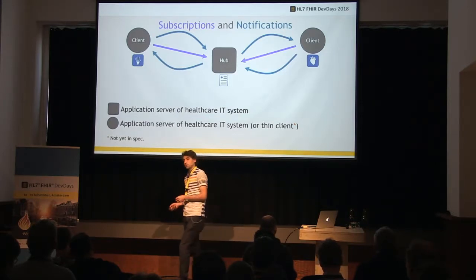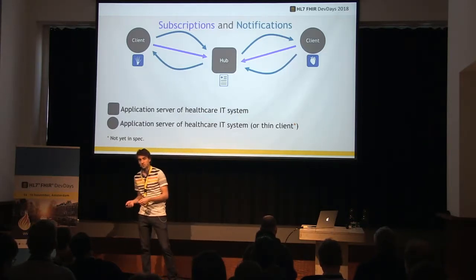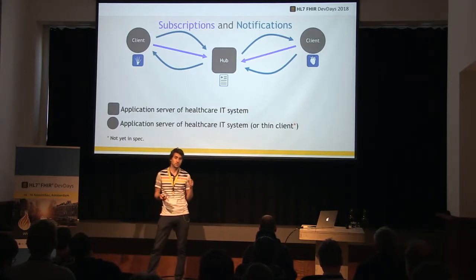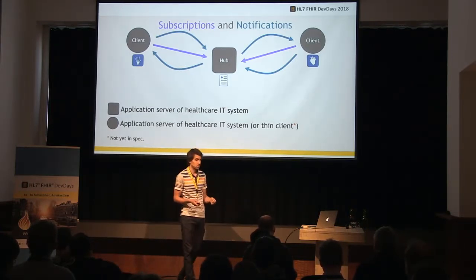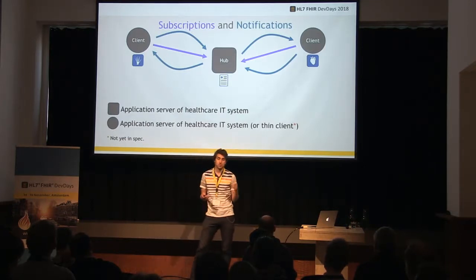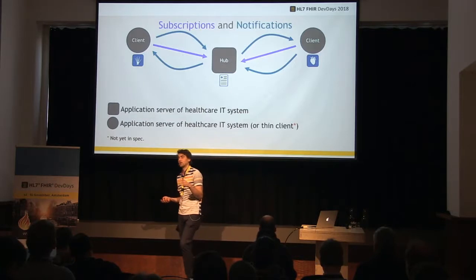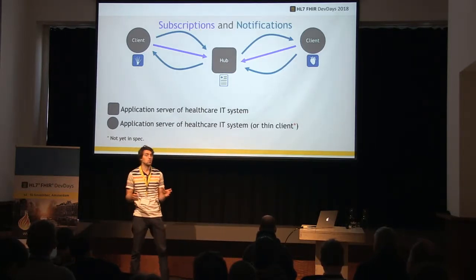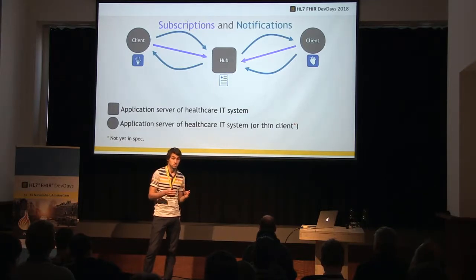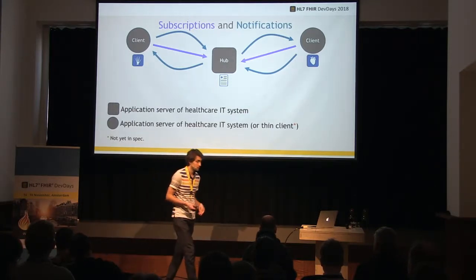However, there is also an addition to the specification that we haven't entered in the specification itself just yet, but we're thinking really hard on how to solve this, and that is to allow for even thinner clients. So clients that don't even have an application server. You're maybe a mobile app or a web application that runs serverless, or you get the idea.